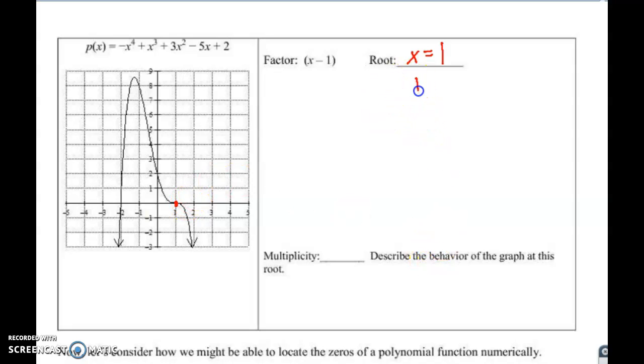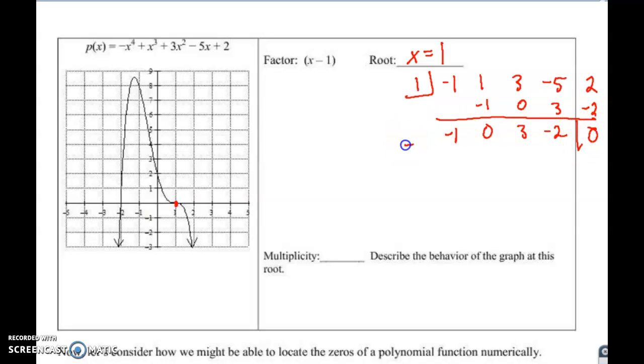And then let's double check on negative 1, 1, 3, 2. Definitely works once. Definitely works twice.